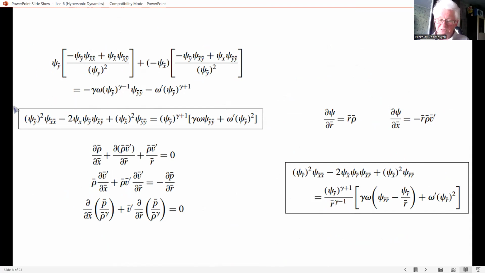Or after a small transformation, we can get this expression in the next row. So this last equation is a single equation for a single unknown, namely psi, based on the hypersonic small disturbance assumption. But you should note that in the development of this equation, no additional assumptions were made other than that of two-dimensional flow.